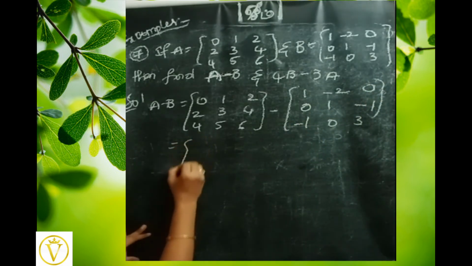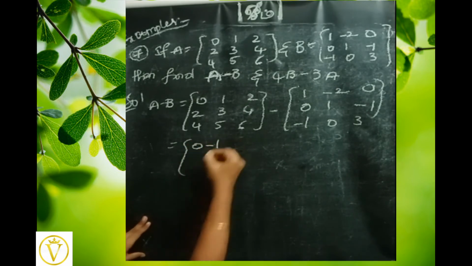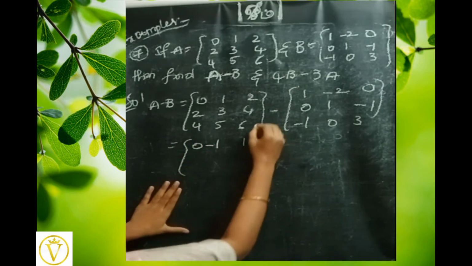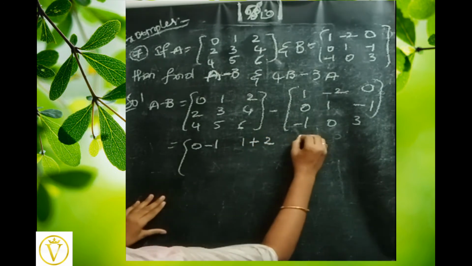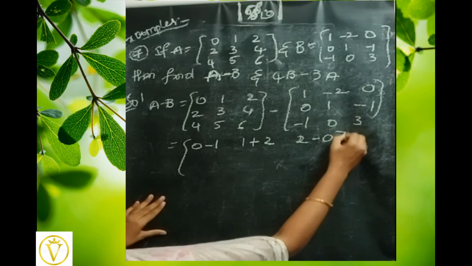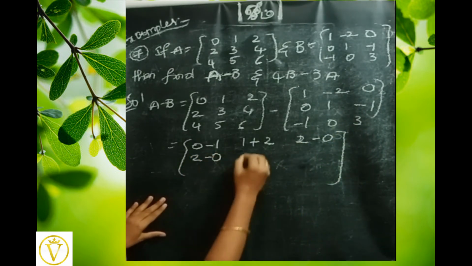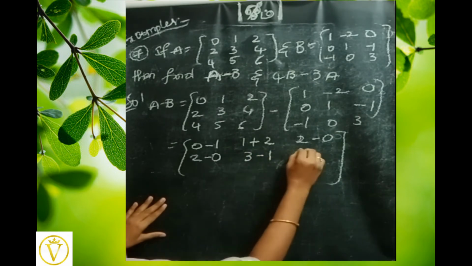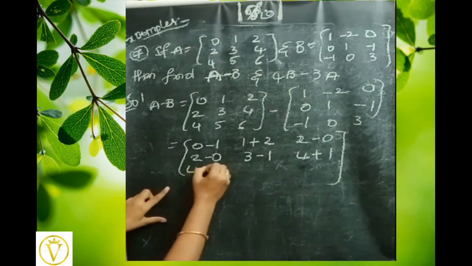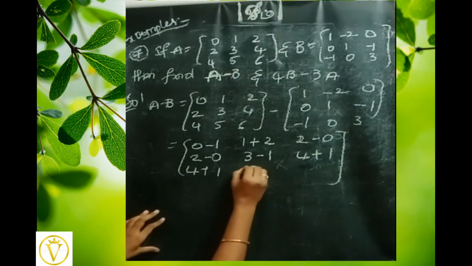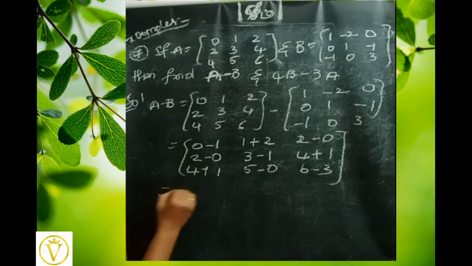Okay. So 0 minus 1, minus 1. So I'll write here. 0 minus 1, 1 minus into minus plus 2, 2 minus 0, 3 minus 1, 4 minus into minus plus 1, 4 plus 1, 5 minus 0, 6 minus 3.